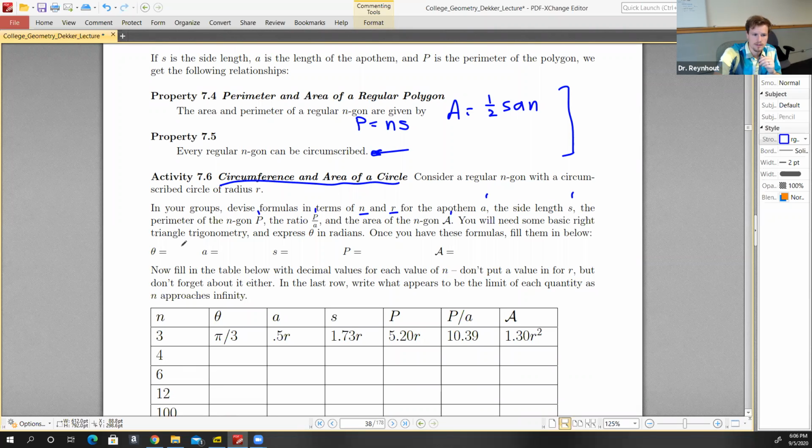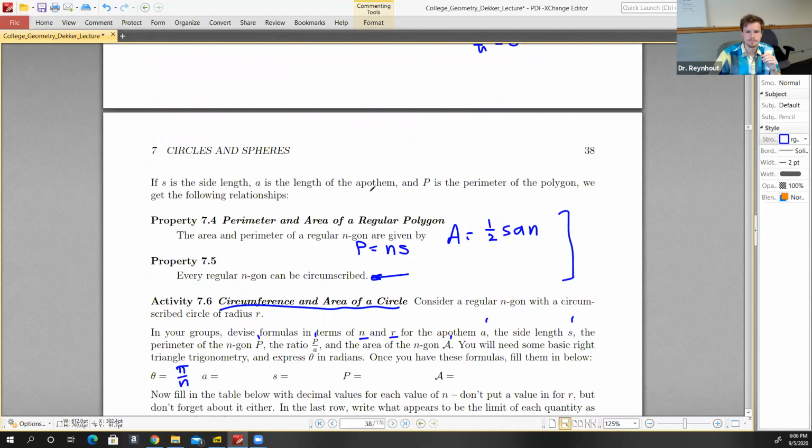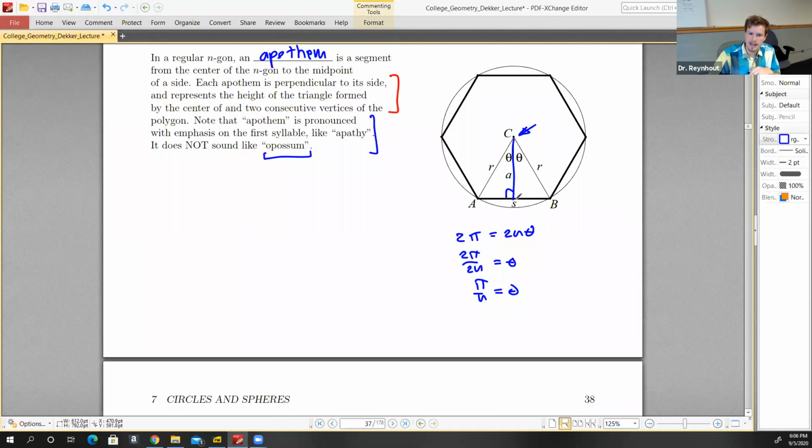That was pi over n. That is theta. Now we could find the length of the apothem. The length of the apothem is the height of this larger triangle, but we notice that, as we've already conveniently drawn, we have a right triangle right here.